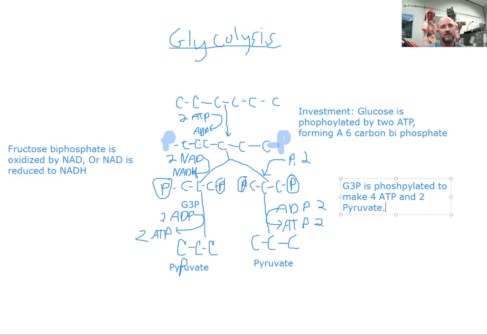So if you were to put this all into an answer, if it was longhand, you could start by saying glycolysis occurs in the cytoplasm. In the investment stage, glucose is phosphorylated by 2 ATP, forming a 6-carbon biphosphate. That biphosphate in the lysis stage is oxidized and forms a reduction of 2 NADHs.